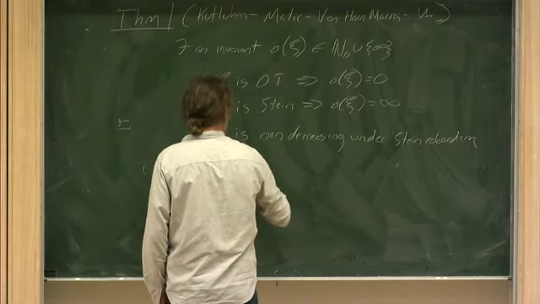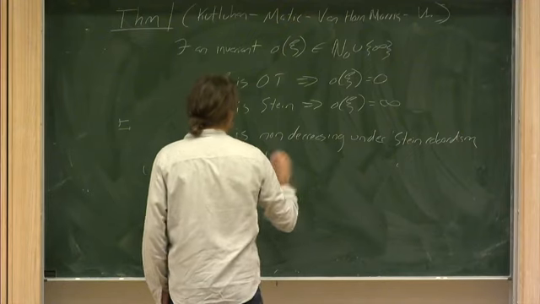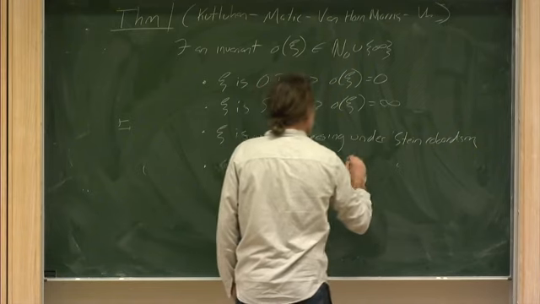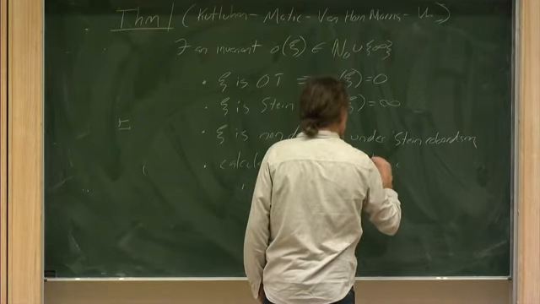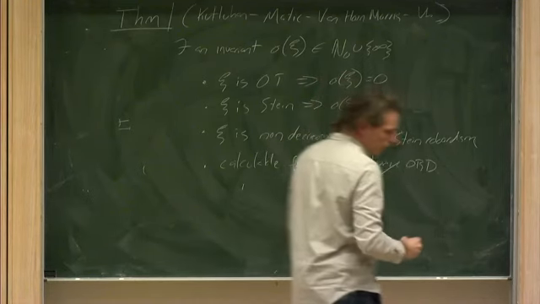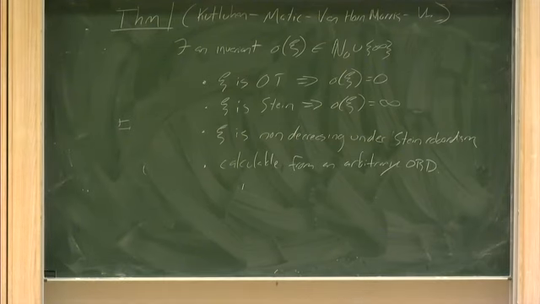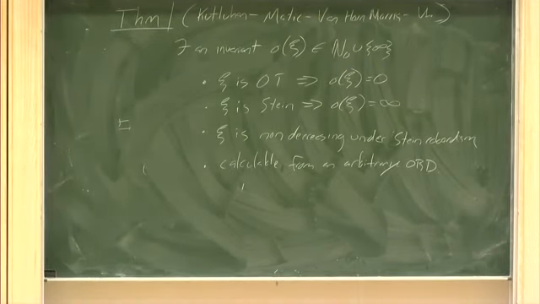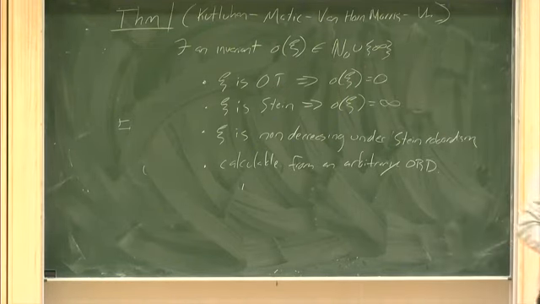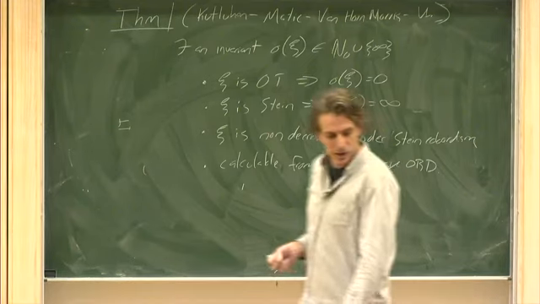So it's calculable from an arbitrary open book decomposition. Okay, not only is it calculable, it realizes all values, right? It's not just 0 or infinity. So we can give you examples of anything. So in some sense, it's extracting geometric information in the case when the contact invariant vanishes. It's still doing something, and it's using the Heegaard Floer complex to do that.